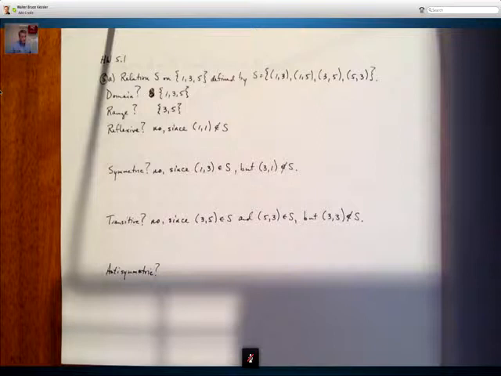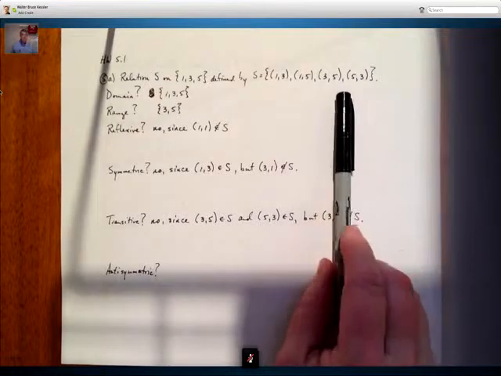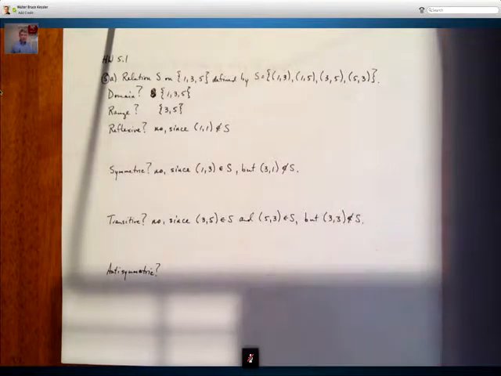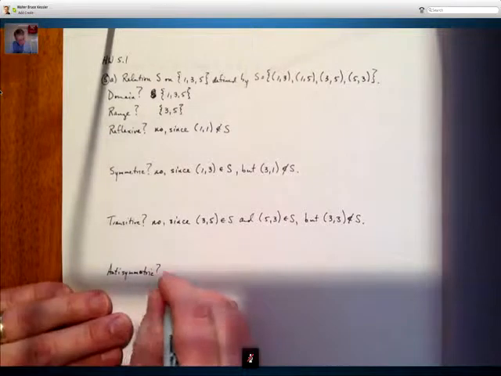All right. Notice that just because these things happen once, if it doesn't happen for all, it doesn't have that property. Okay. And then antisymmetric says that the statement of it is, okay, if I have A related to B and B related to A, then that means that A and B must be the same element. But the fact that I've got this one ordered pair that kind of reverses itself, right? I've got 3 and 5 and 5 and 3, but 3 and 5 aren't the same element. So it's not antisymmetric either.